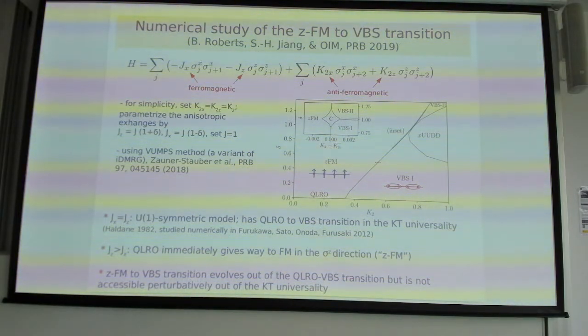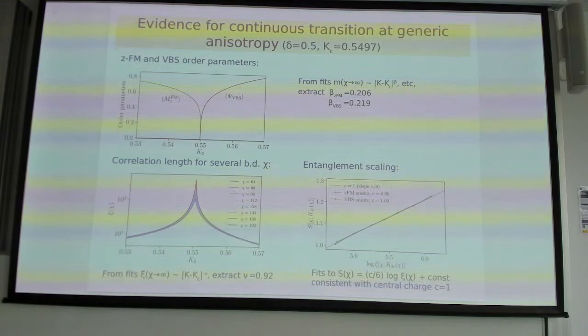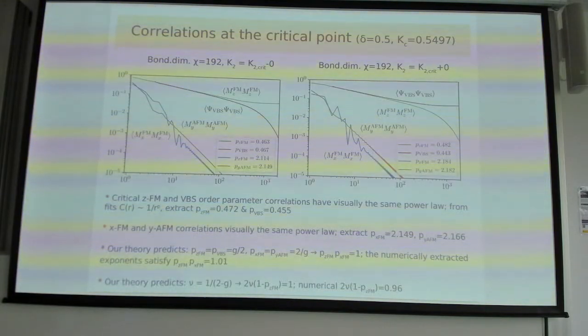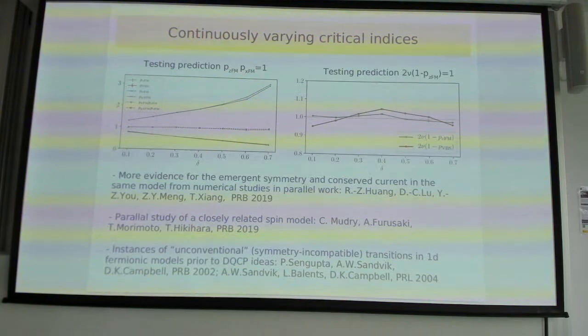And we indeed find a large range of direct transition between the two phases, and the transition is continuous. It has continuously varying critical indices, as you expect, because there is one Luttinger parameter, and everything is working out very beautifully. The VBS and the ferromagnetic order parameter have the same scaling dimension, and because there is really only one parameter in the theory, all exponents are related, and we can check these relations.